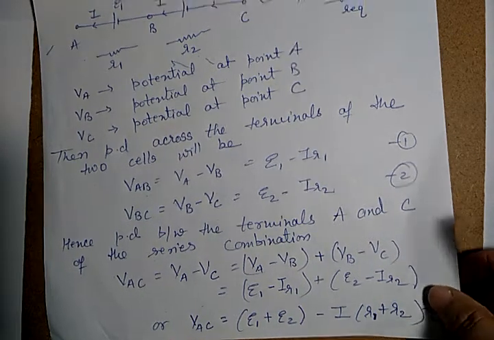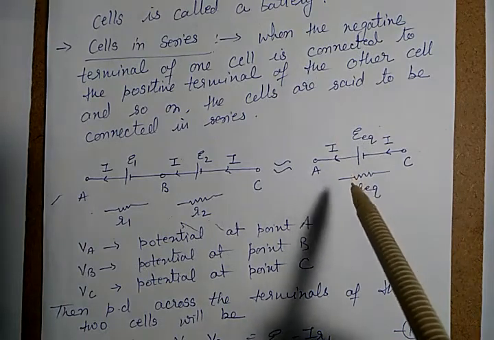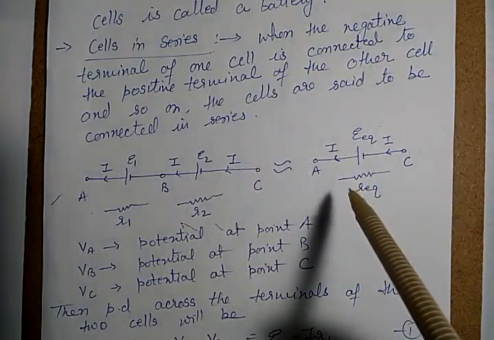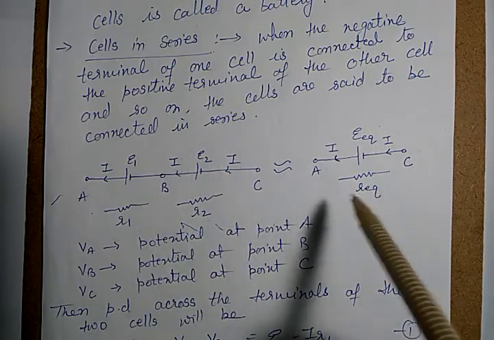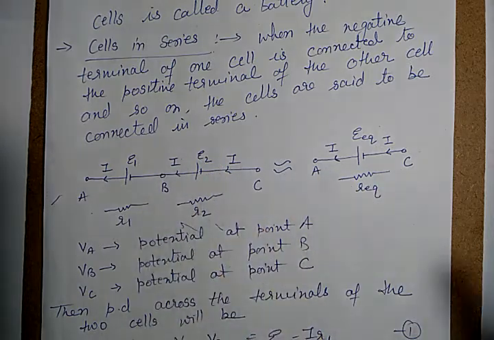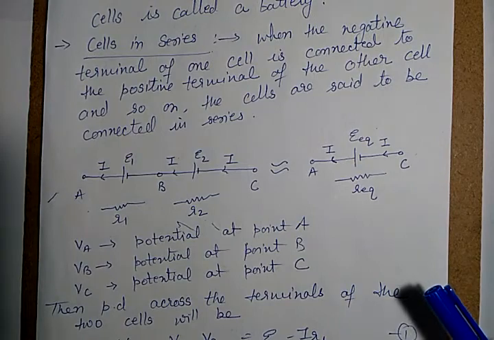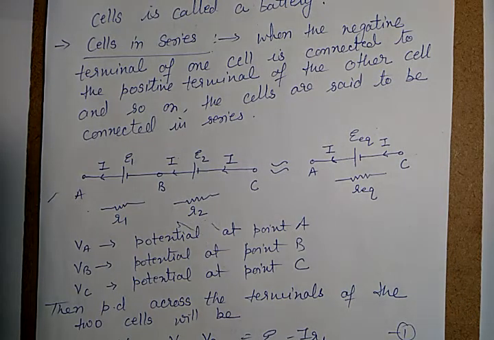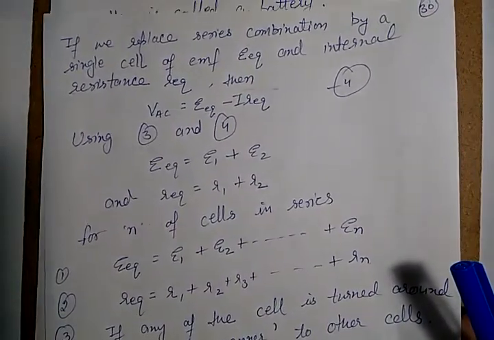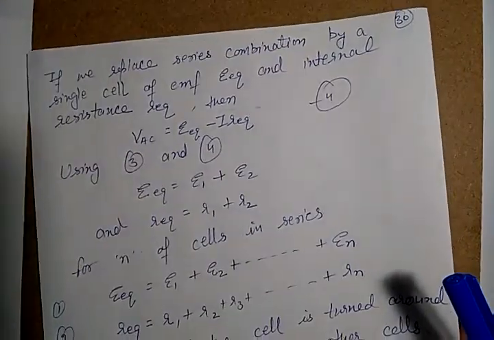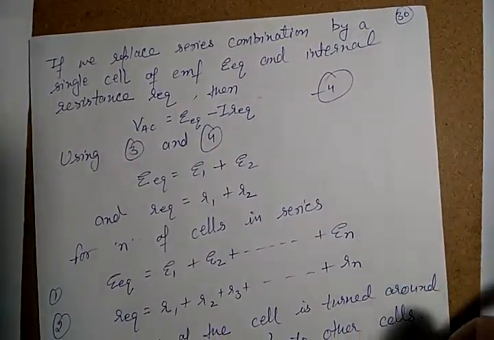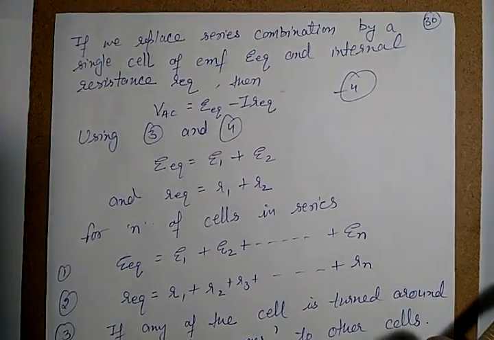Now, as we had already considered, we are replacing these two with a single cell whose EMF is the sum of these two and whose resistance is again the sum of the resistances of these two. So let us consider that we are replacing these two cells with a single cell whose EMF is E equivalent and internal resistance is R equivalent.